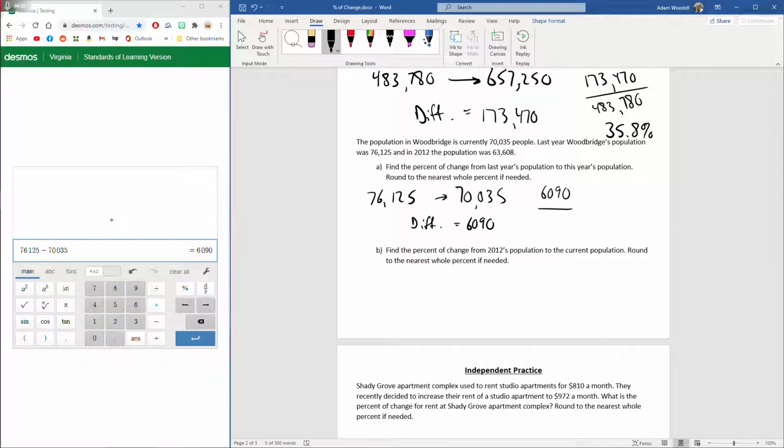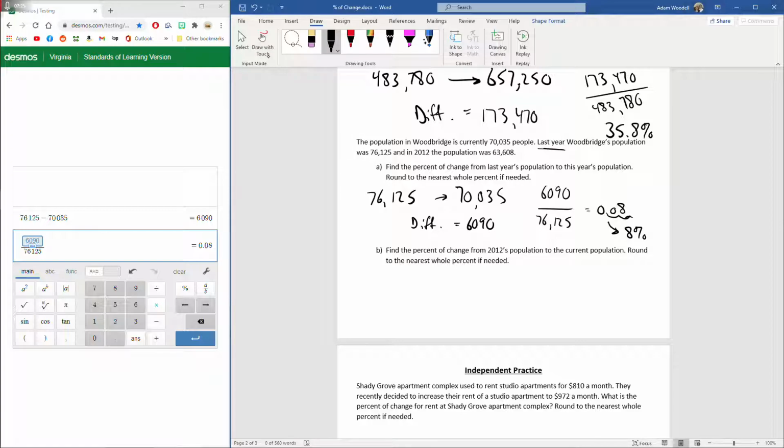In this case, because last year came before this year, I'm going to divide by 76,125. So take my answer, divide it by 76,125, and I get a decimal of 0.08. And if I want to change that into a percent, I'm going to move it 2 decimal places, and it ends up just being 8%.